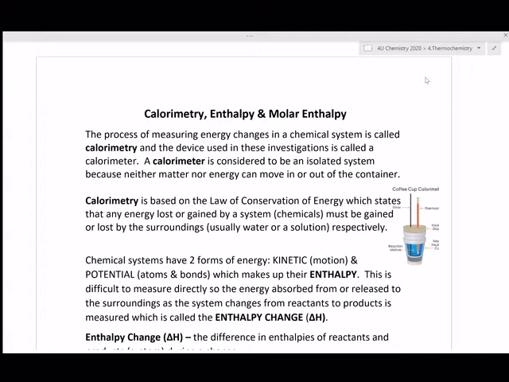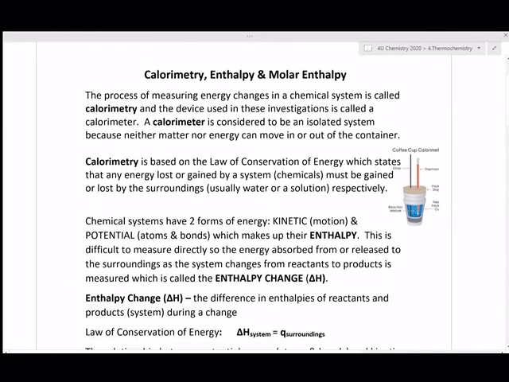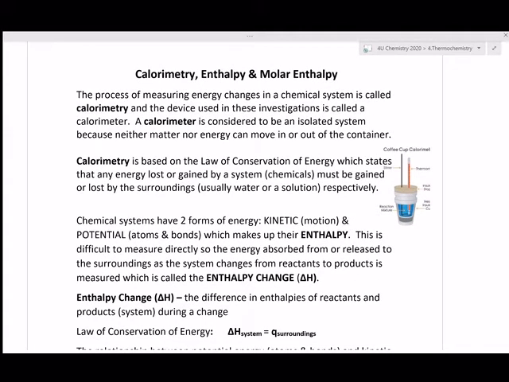And isolated means that neither matter nor energy can enter or leave. So we do make an assumption that we are not losing energy or gaining energy from outside of the calorimeter. Because we're assuming that, calorimetry allows the law of conservation of energy to be obeyed.